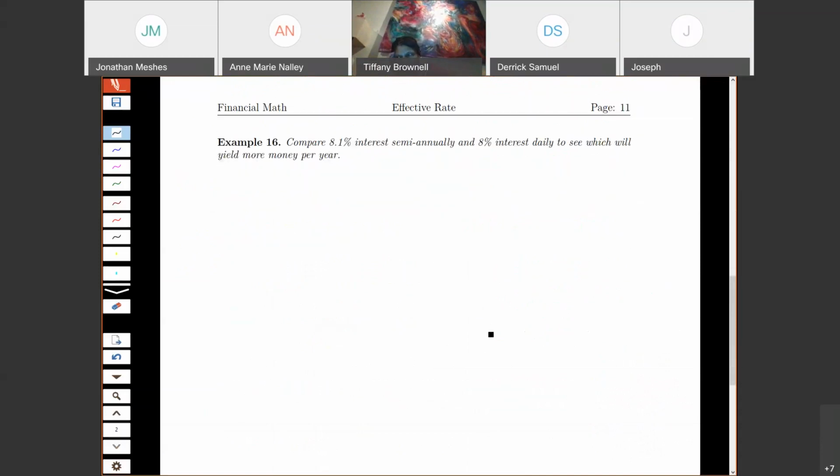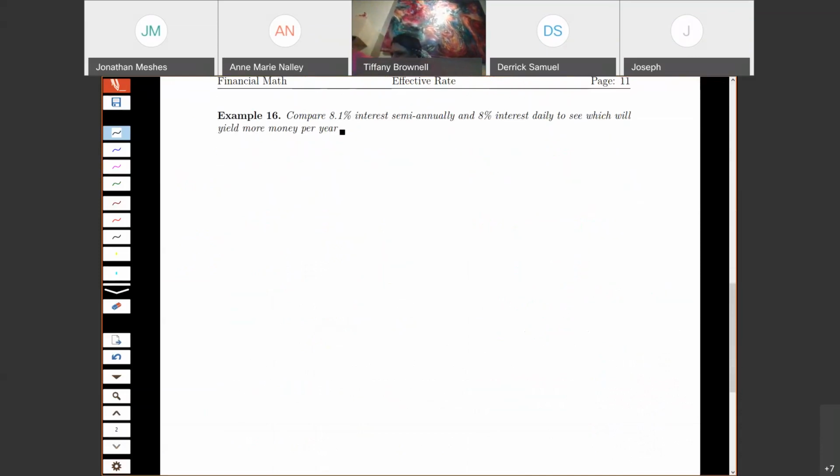All right, so let's do another comparison. Let's look at 8.1% interest semi-annually and 8% interest daily to see which one is a better deal. Semi-annually is every 6 months, which means twice a year.